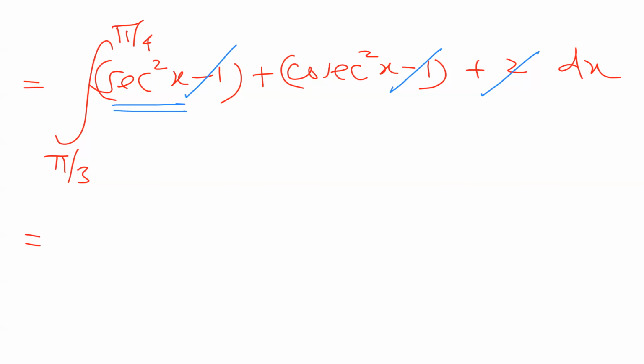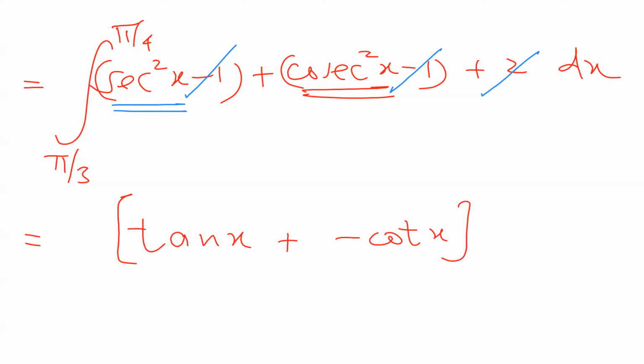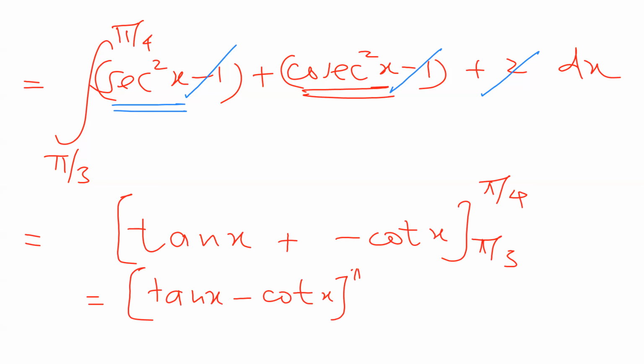Integration of sec square x is tan x, plus integration of cosec square x is minus cot x. So tan x minus cot x, from pi by 4 to pi by 3. Please copy.